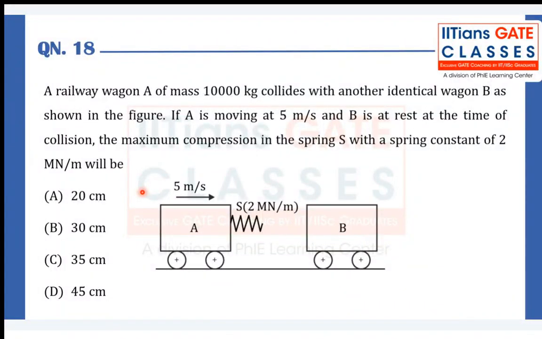We can say there will be the compression of the spring because of this collision, and whatever will be the kinetic energy of this, that will be converted to the compression of the spring.